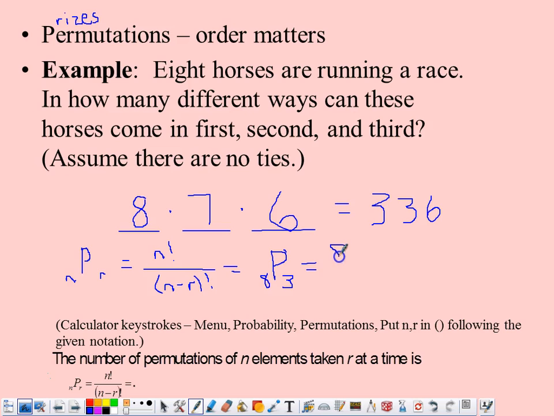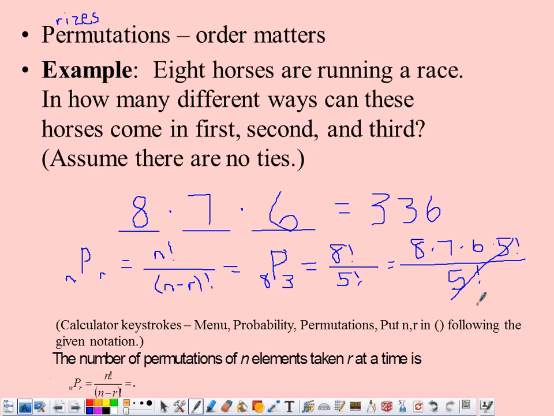So we would have 8 factorial over 8 minus 3 factorial, which is just what? And you guys know from much more complicated math than this that you can rewrite this as 8 times 7 times 6 times 5 factorial, and then just cancel your 5 factorial.